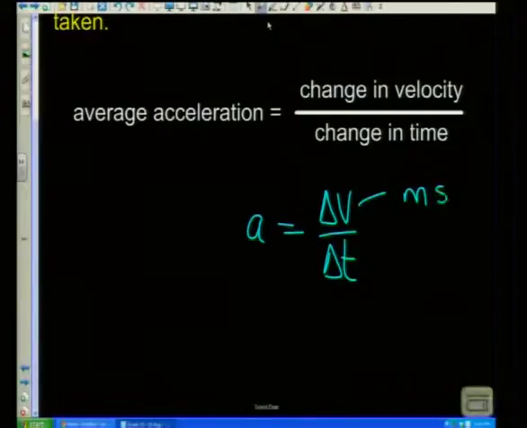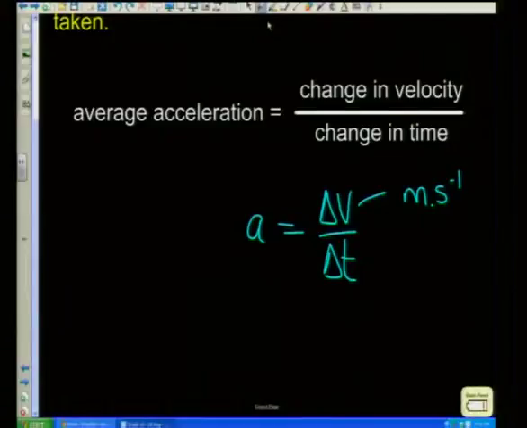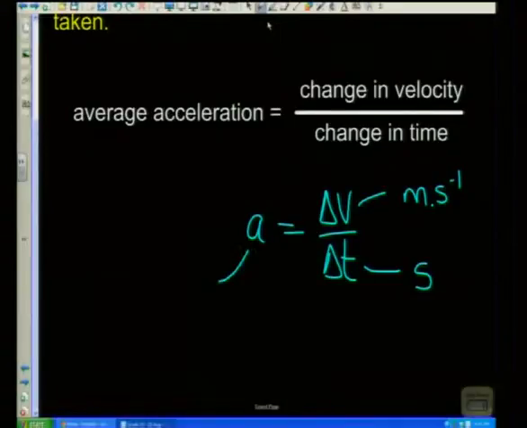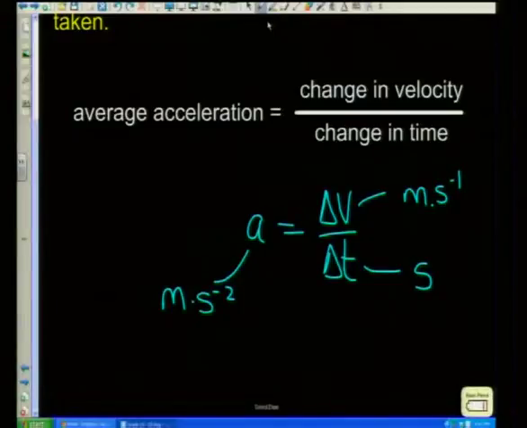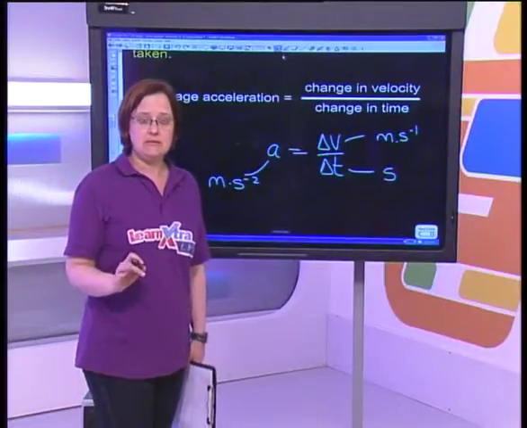Velocity is meters per second, time is seconds. Together they give us our unit of acceleration, which is meters per second squared. Okay, meters per second squared. We will only deal with average acceleration, grade teens.